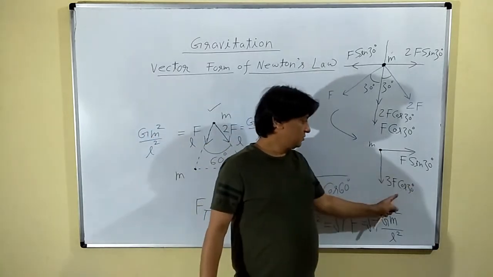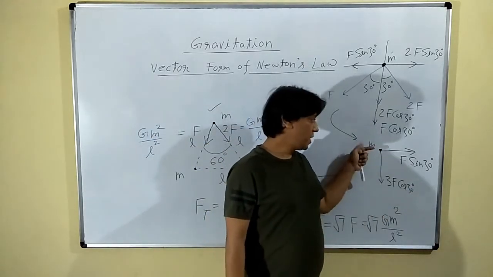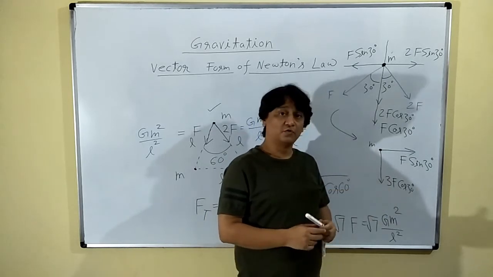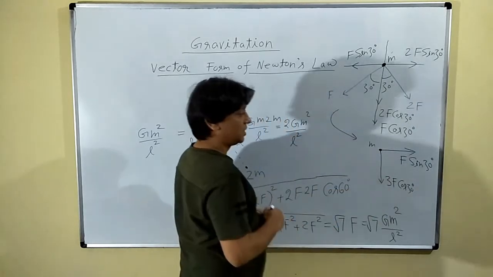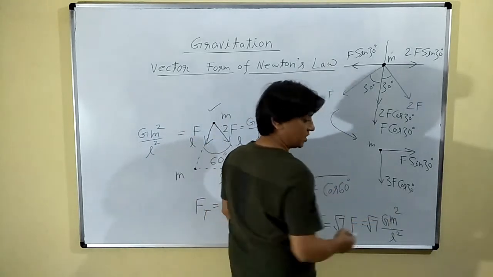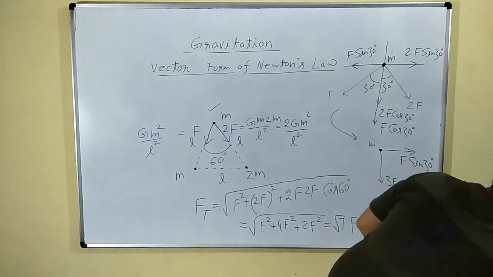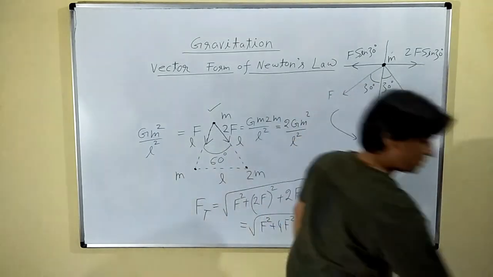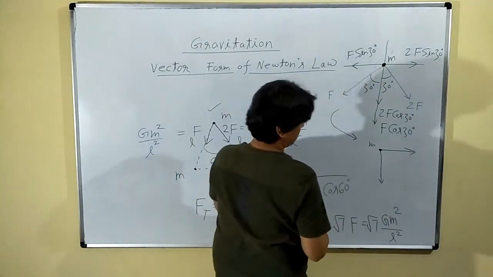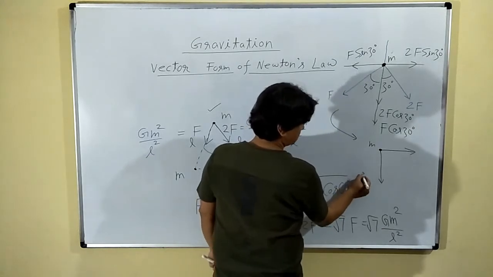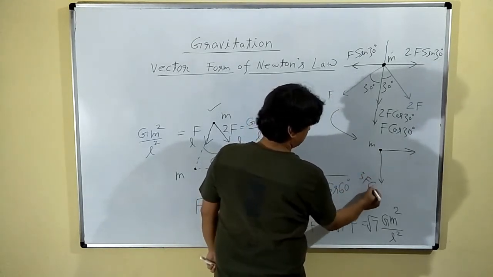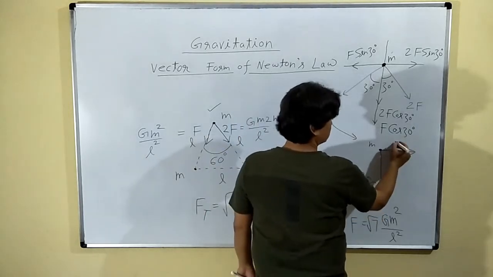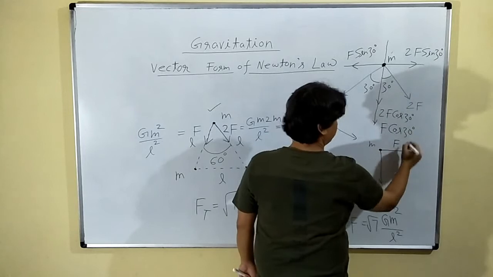F sin 30, 3F cos 30. अपने को x component दिख गया है, y component दिख गया है, and how do you find total force? टोटल फोर्स फाइंड करने का तरीका क्या होता है? This is 3F cos 30, this is F sin 30.